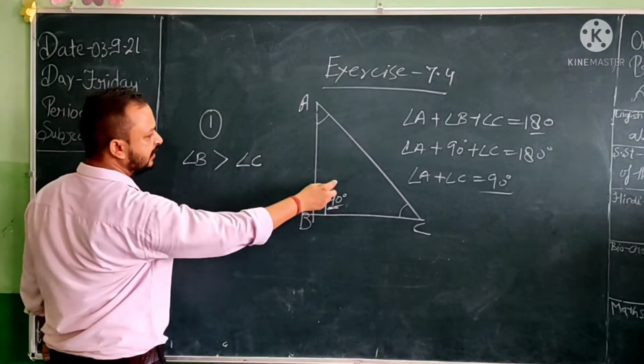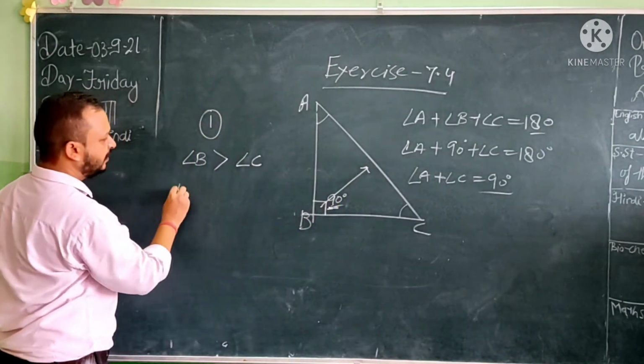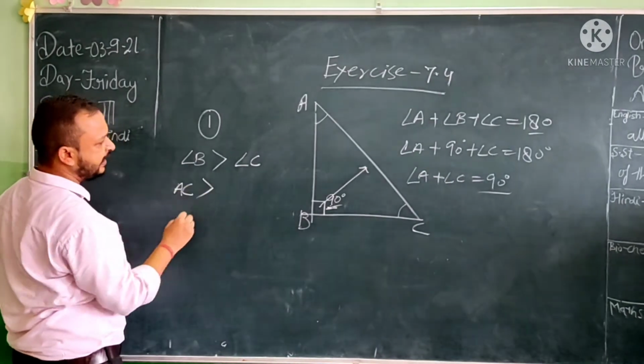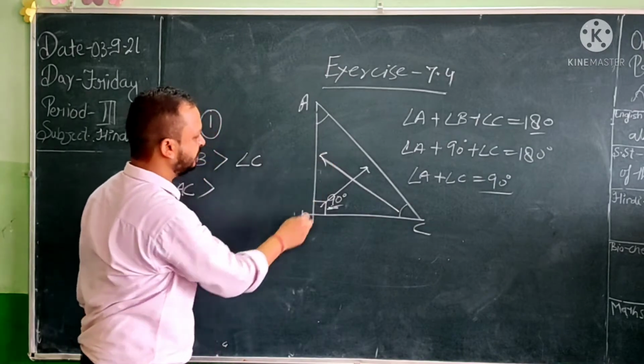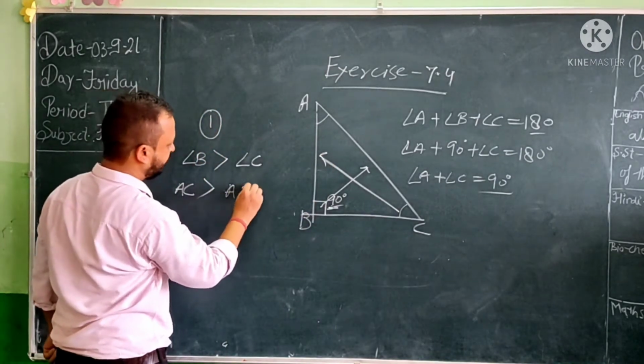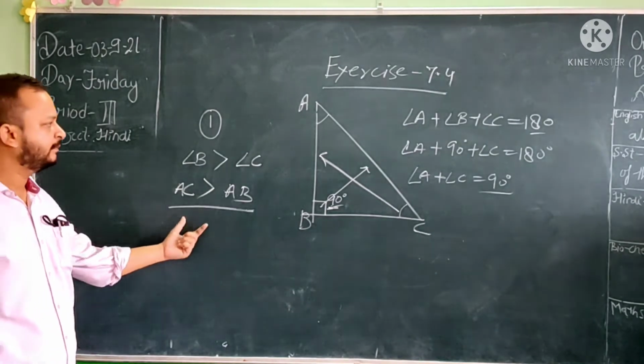It means the opposite side of angle B is AC, and AC is greater than the opposite side of C, which is AB. So here AC is greater than AB.